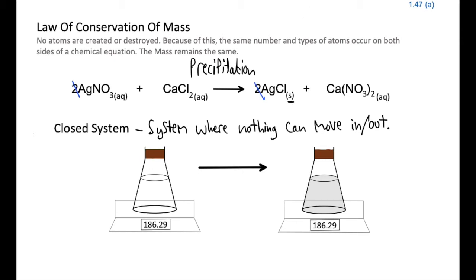So we've produced a solid here, but because we assume that nothing can escape or enter this flask, and because we know from the law of conservation that nothing can be created or destroyed inside it, the mass stays the same on the scales. And by the way, when I say assume, I said that because in reality, if you did this in a school lab setting, you will probably have something escape from this system. It usually isn't completely 100% sealed.